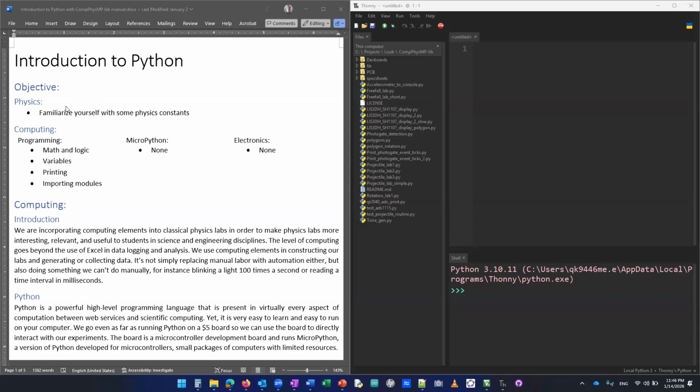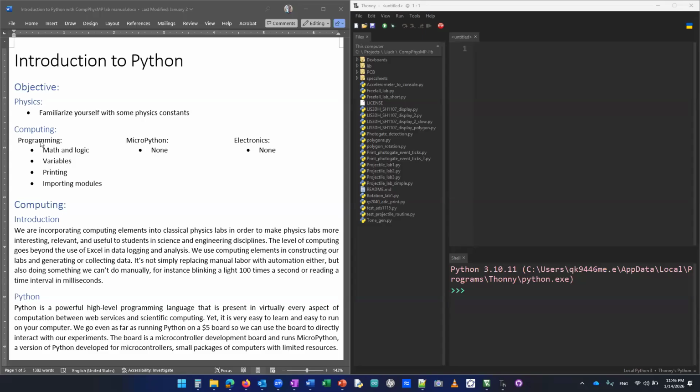So let's go through the objectives. We just want to get familiarized with some physics constants as part of our calculations, and most of the objectives are on computing. So we have computing objectives under programming, MicroPython, and electronics. In this lab, we don't need to do anything specific to MicroPython or electronics.